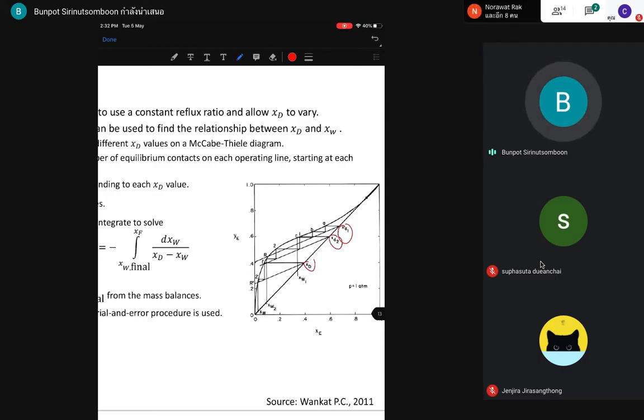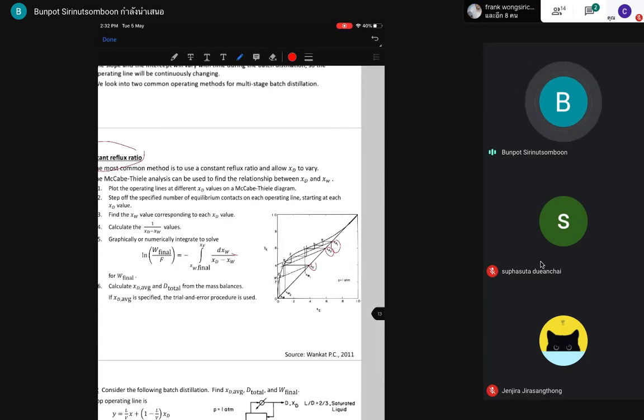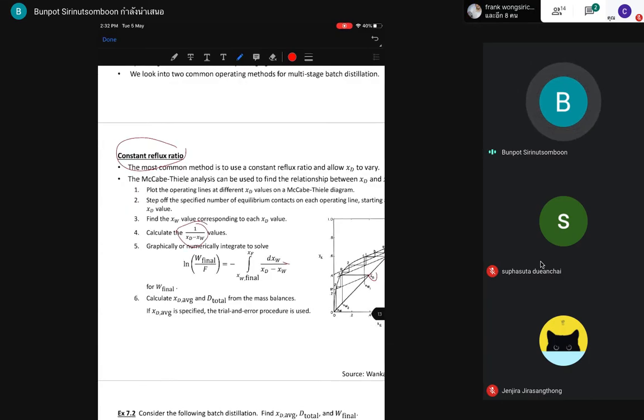In this case we guess different values of xd to get multiple operating lines and multiple values of xw, so that in the end you can make a plot of 1 over xd minus xw versus xw, so that you can find the area under the curve.